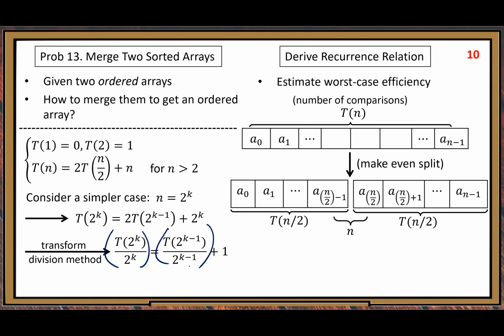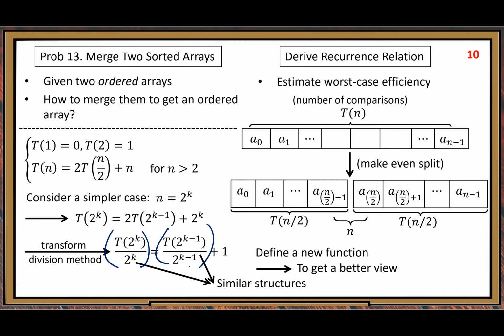Are they similar? These two fractional expressions are similar. So we explore the similarity of these two structures and define a new function: g of k equals T of 2 to the k over 2 to the k.